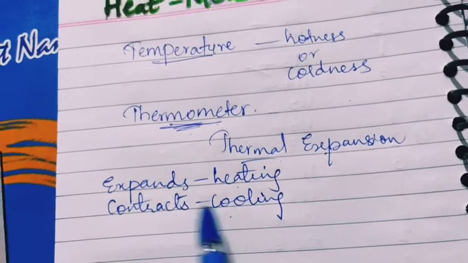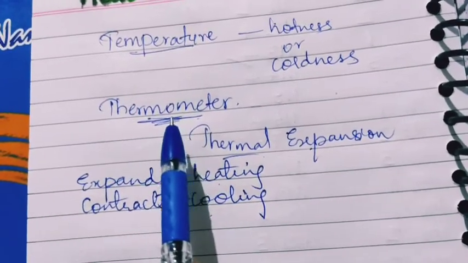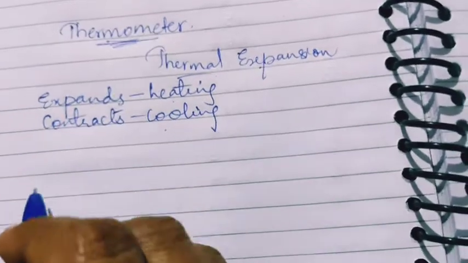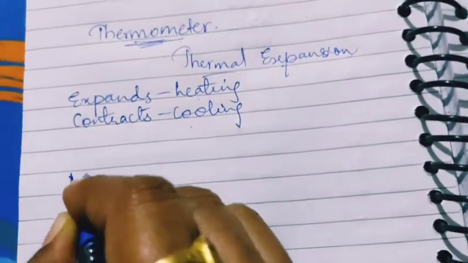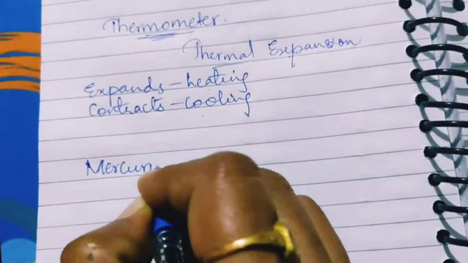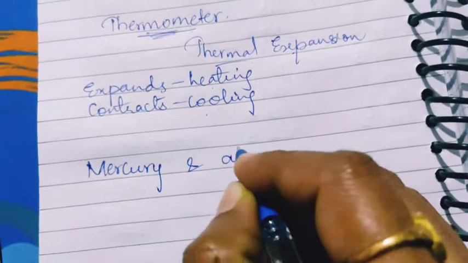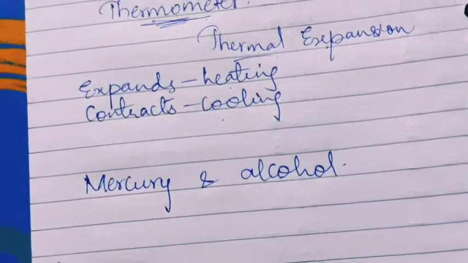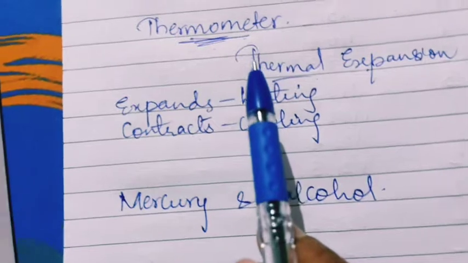In this thermometer, two different liquids are used. They are mercury and alcohol. These two are the liquids used in the thermometer.